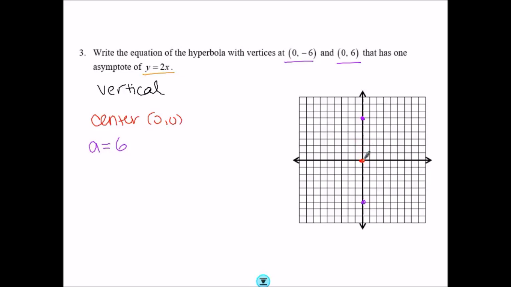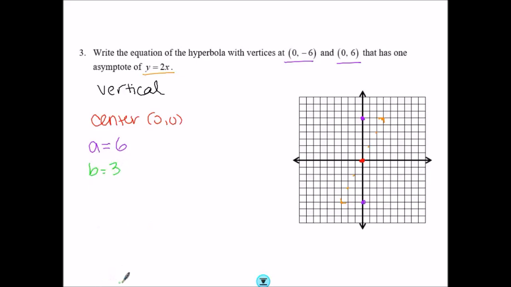So we can either count out the slope on the graph, go up 2 over 1, and know that that would be the corner of the rectangle that we use to figure out the asymptotes. And since that corner is 3 units away from the vertex, b should be 3.